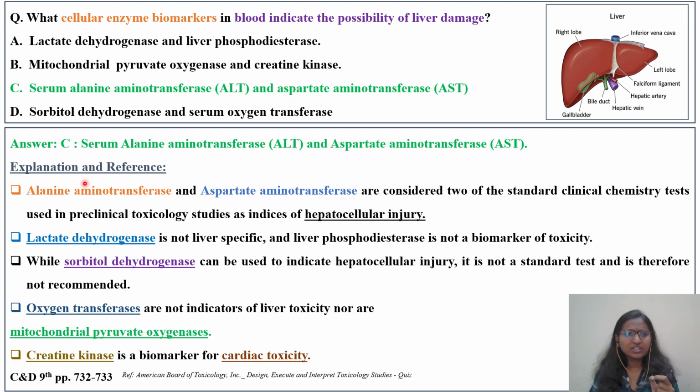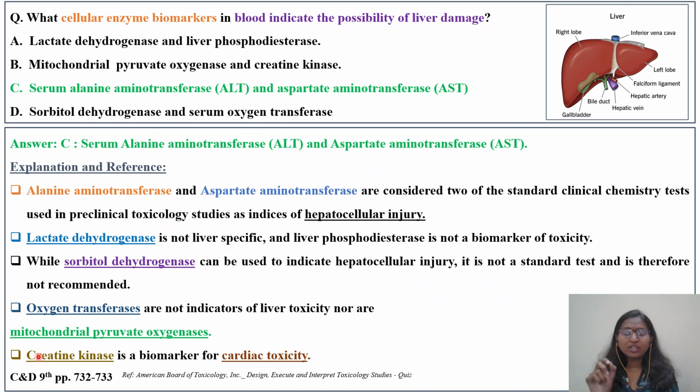And coming to creatine kinase, this creatine kinase is a biomarker for cardiac toxicity. So whenever there is a toxicity in the heart, the cardiac toxicity, creatine kinase can be used as a biomarker. Now you might have a little bit of a query that serum creatinine as well as blood urea nitrogen can also be used as indices.